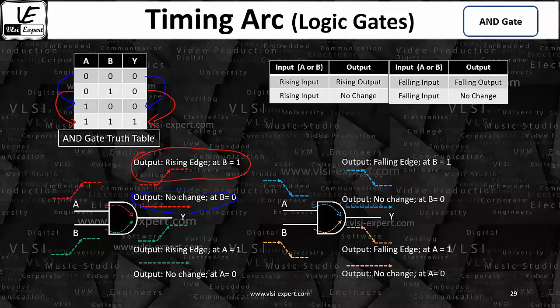You are giving an input at A and not getting any output at Y, or you can say a constant output at Y. Even you don't know how long it will stay constant, how much you have to wait. So there is no point in doing any such analysis across any such logic gate. If I ignore this no change, I can easily say that the output pin is following the input pin.